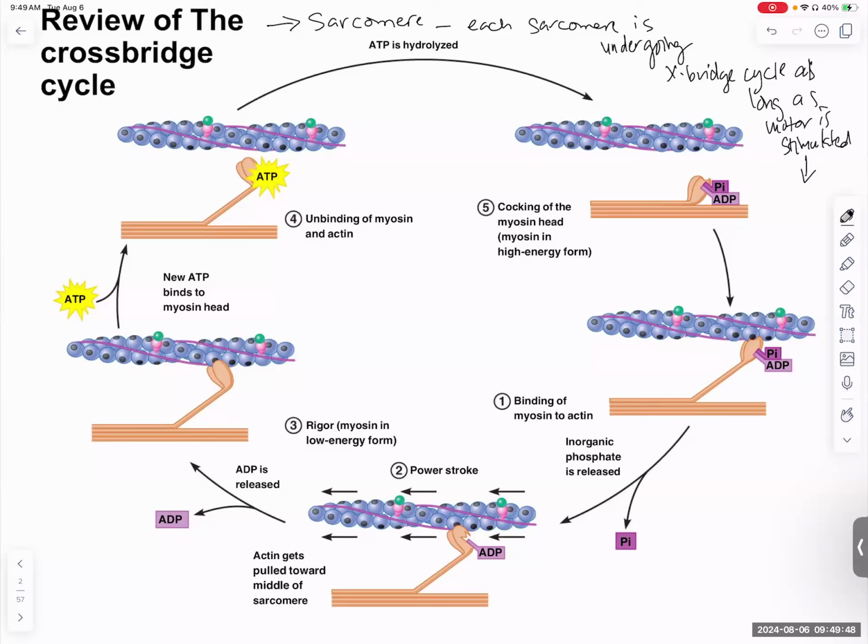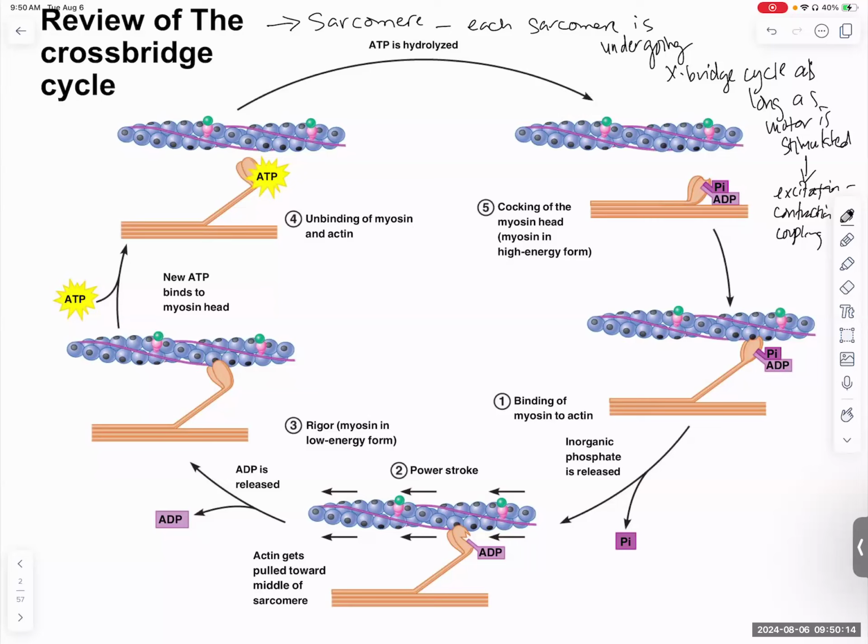And we'll get to that excitation contraction coupling. Excitation contraction coupling is really combining the cross-bridge cycle with excitation of the lower motor neuron.